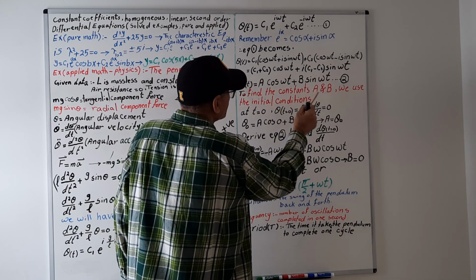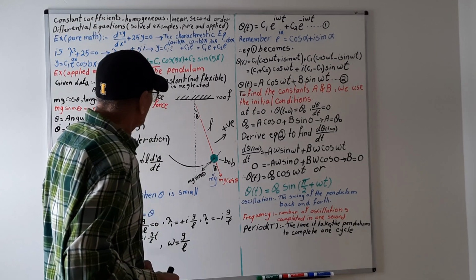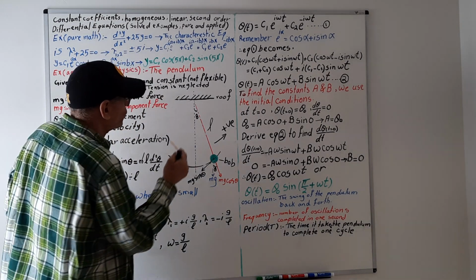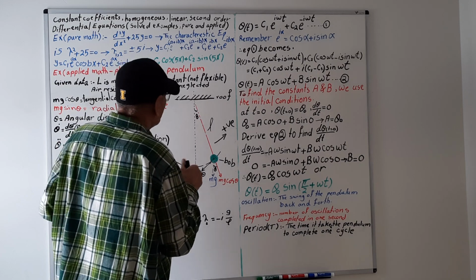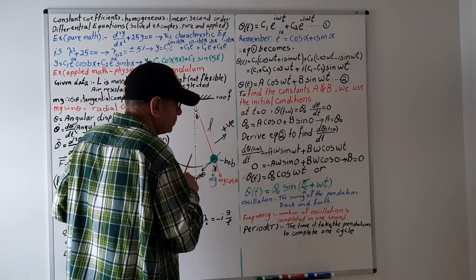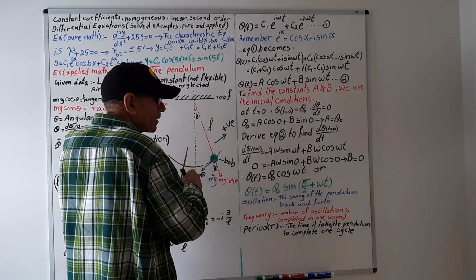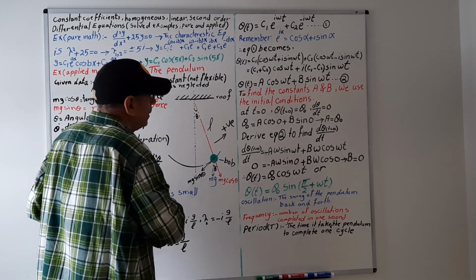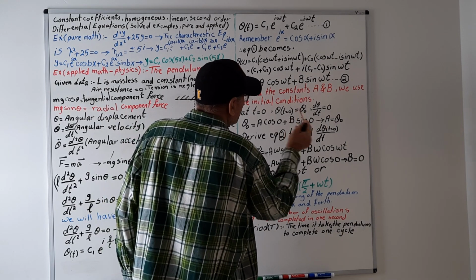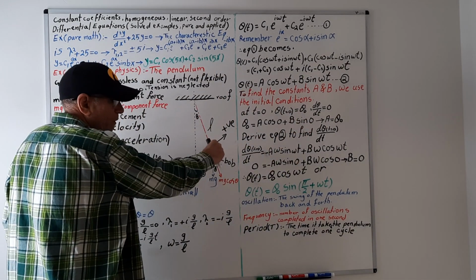To find the constants A and B, we use the initial conditions. At t equals 0, when we release the pendulum, theta was theta naught, and the velocity is 0 because we were holding the bob.